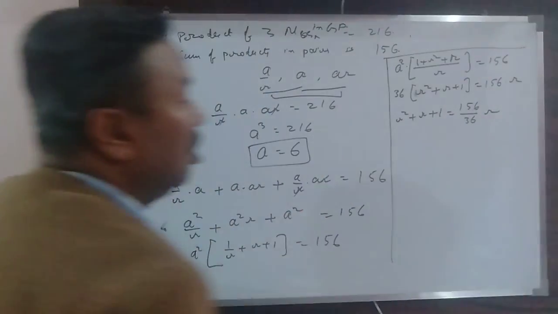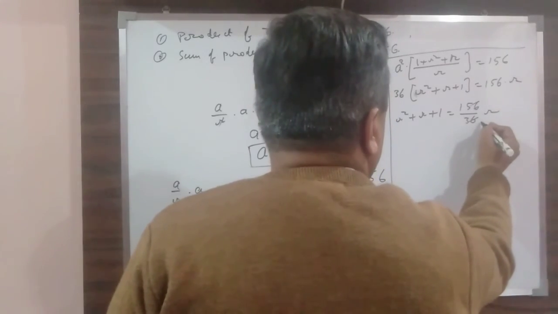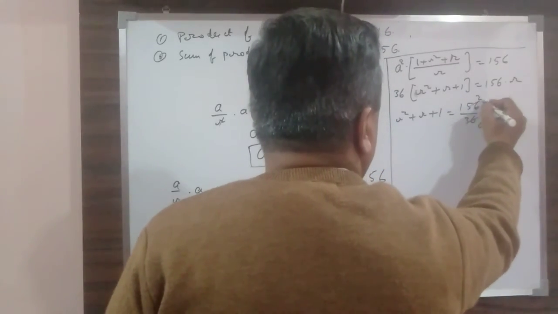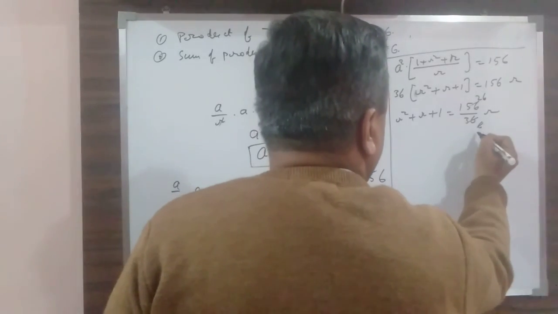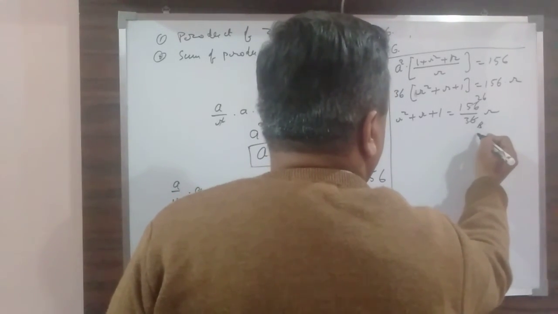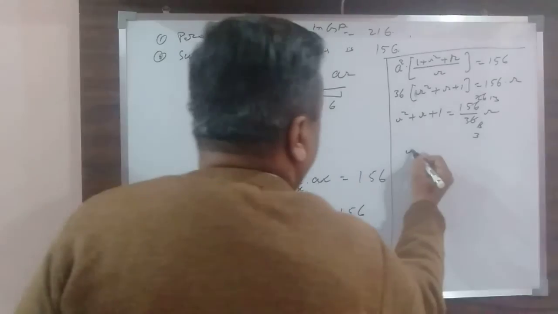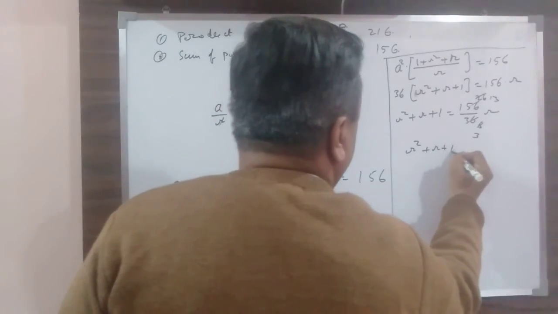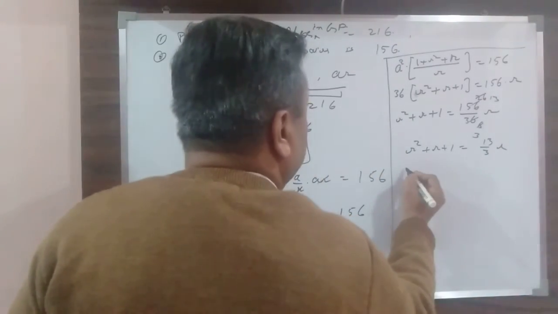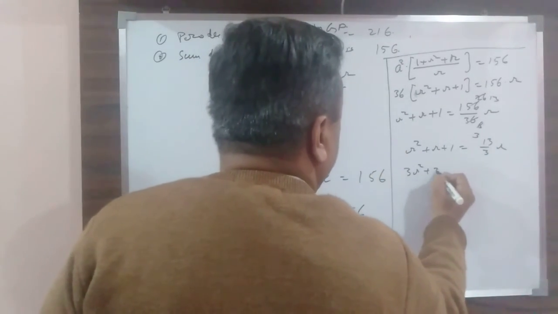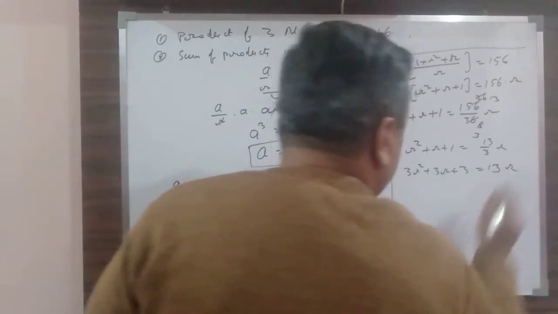Okay, cancel out. What you get? 6 6 2 is 12, and then 6 6 are 36. So now this is 3 and this is 13. So what I get? r square plus r plus 1 equal to 13 by 3 r. Take 3 to this side once again. So 3r square plus 3r plus 3 is equal to 13r.